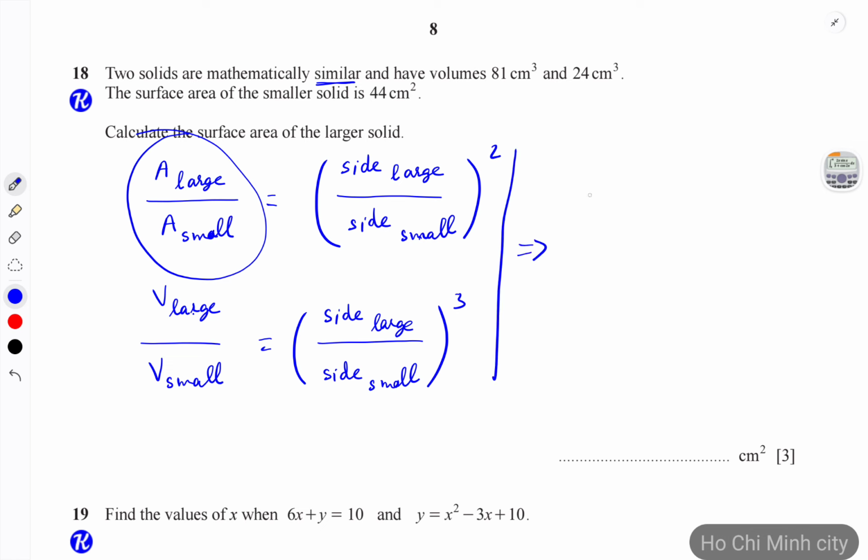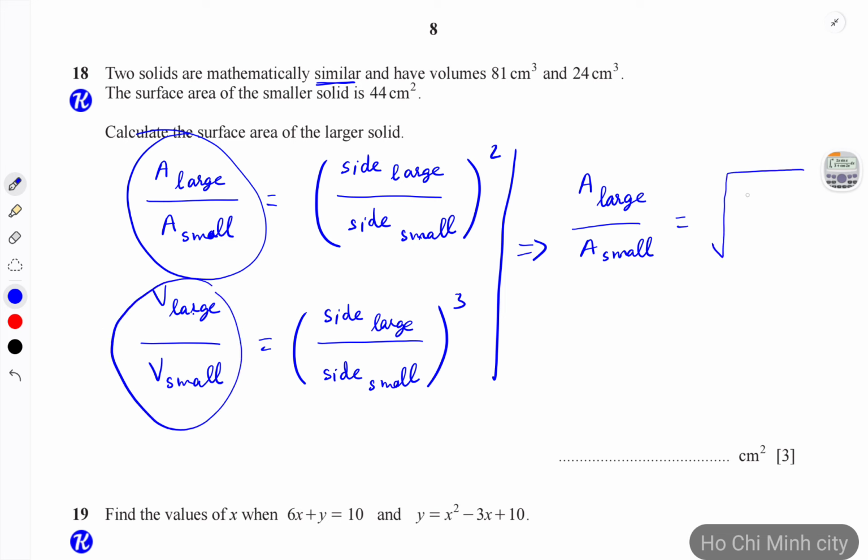The area of the large divided by the area of the small is going to be the cube root, so first of all, we take the cube root of the volume of the large divided by the volume of the small, and then we square it, right?